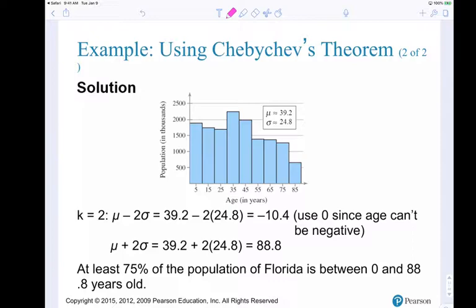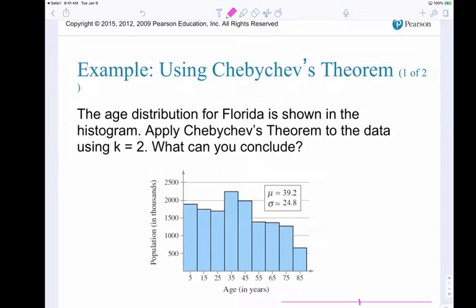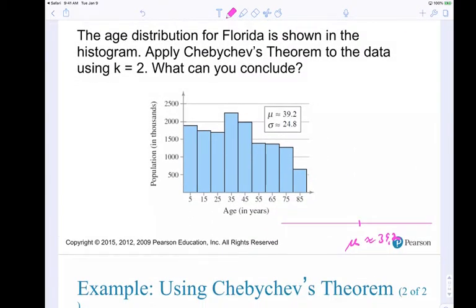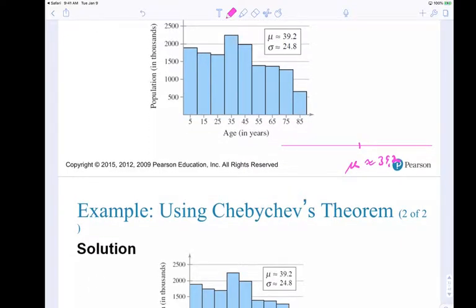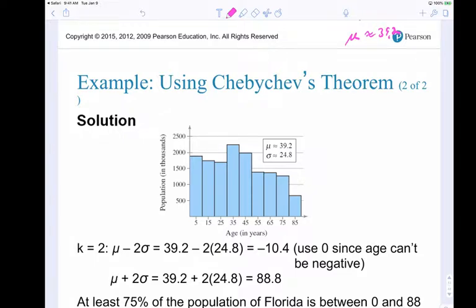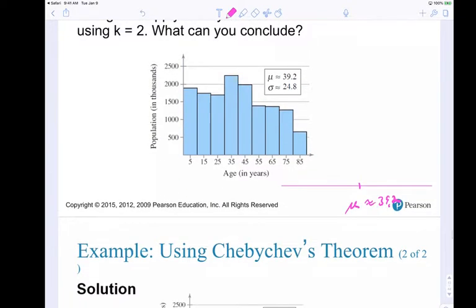So we're going to use 0 because ages can't be negative. What can we conclude? I think if we actually draw that bell-shaped curve, it'll help a lot. Population, the number of people, and then the ages are at the bottom.